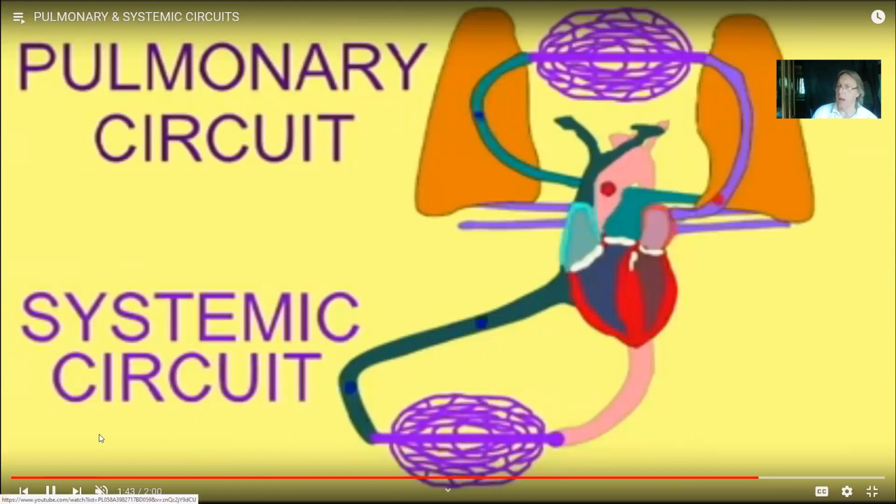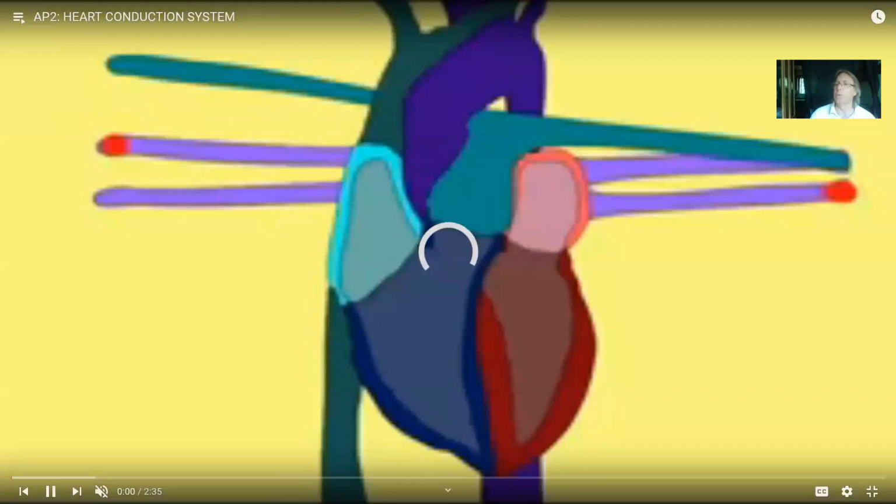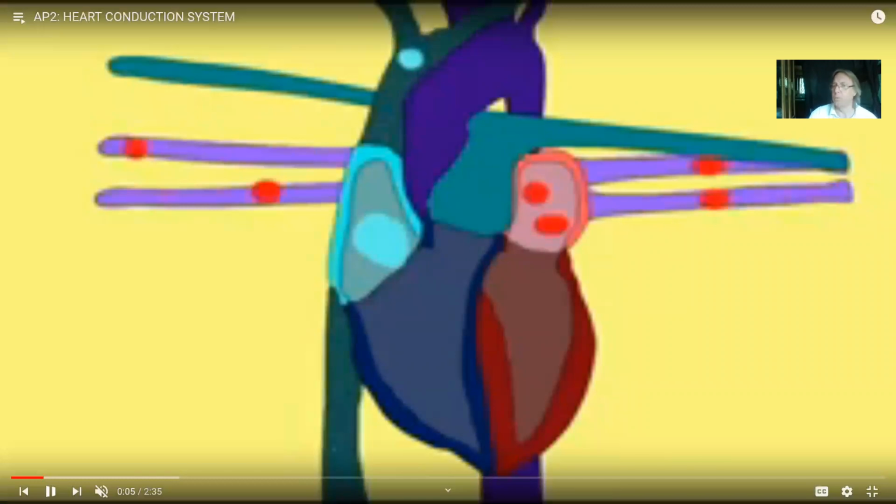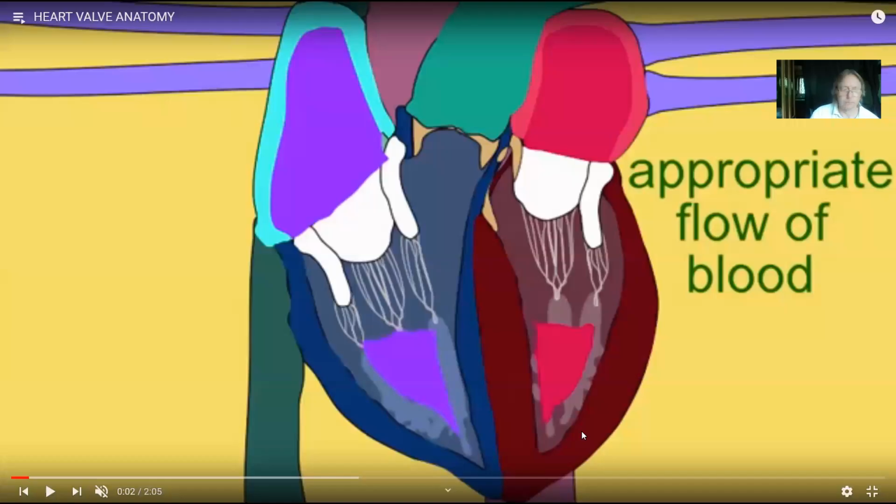Now, one of the important things that people should know about the heart, whether yourself or a loved one, if you're ever interpreting ECGs and some basic exams, is how the heart functions with its valves and then with the electrical fiber.